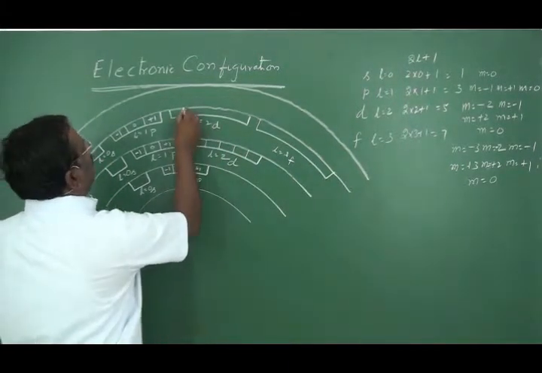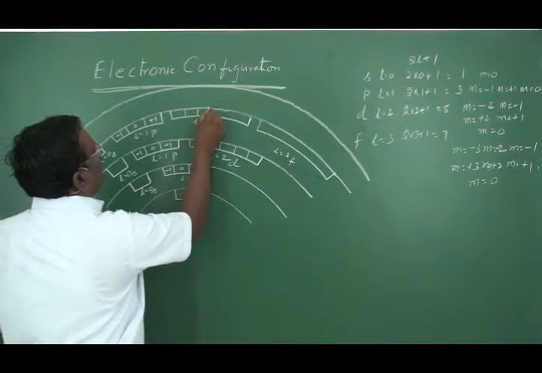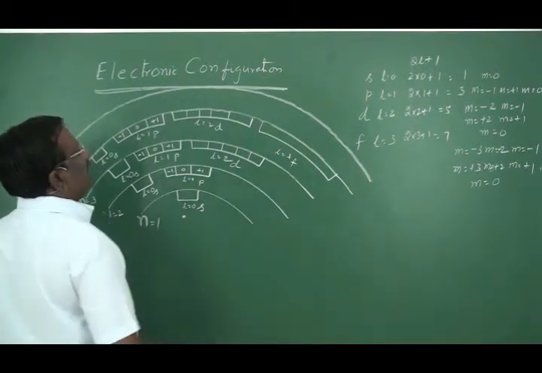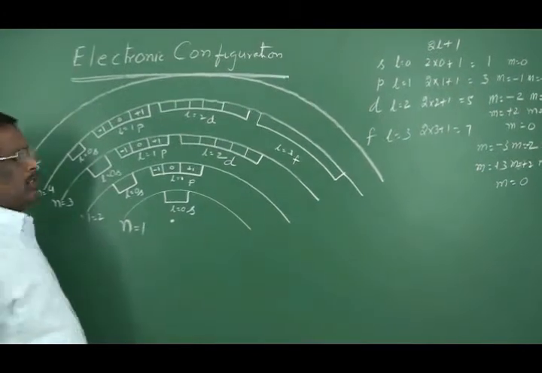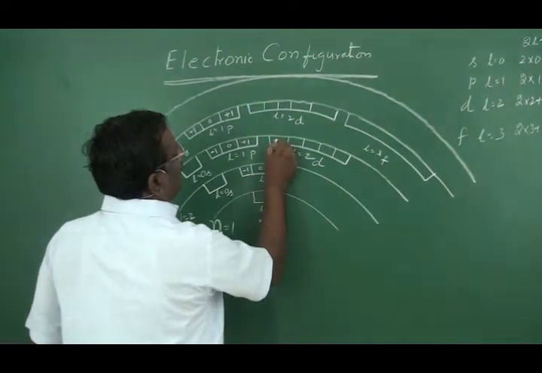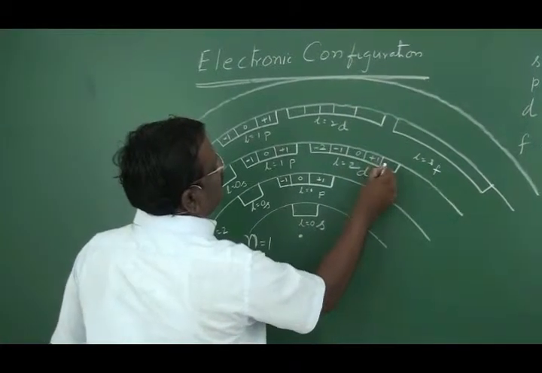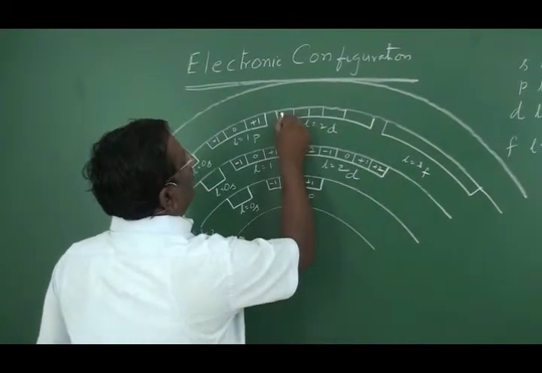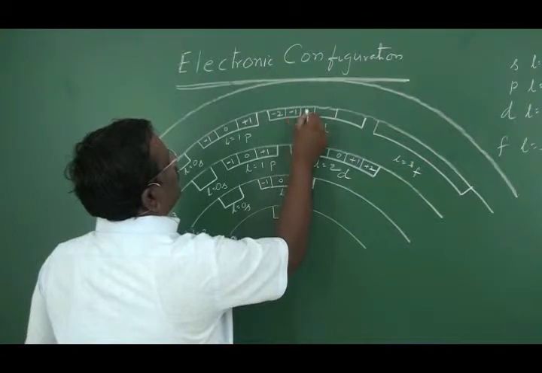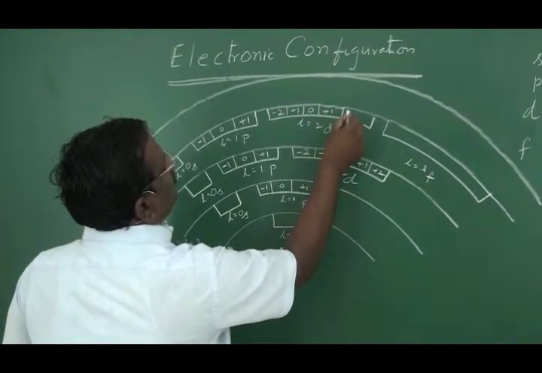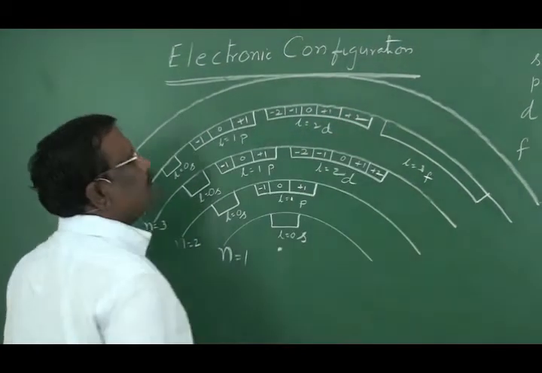And each orbital will have a different M value. The M values are minus 2, minus 1, 0, plus 1, and plus 2.